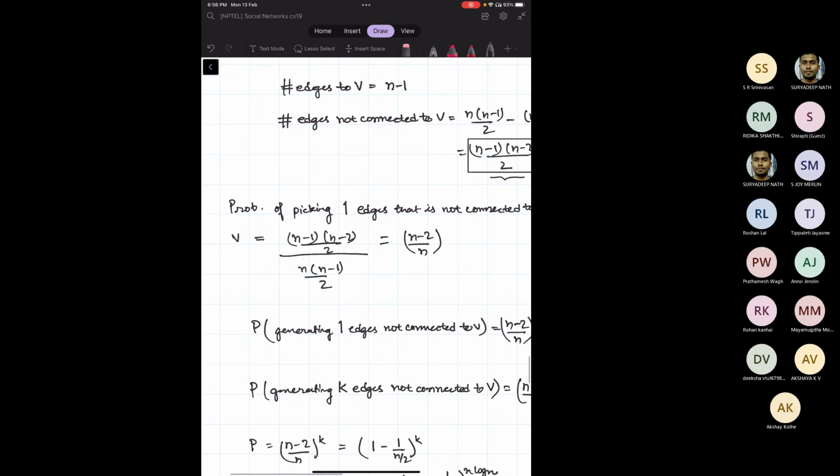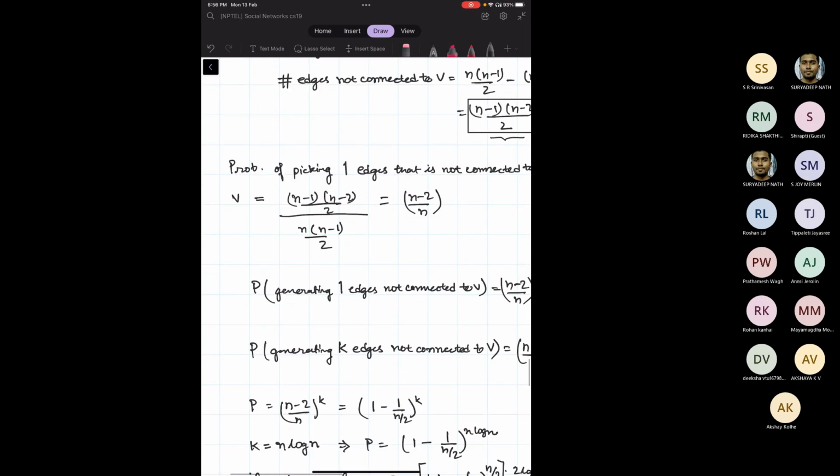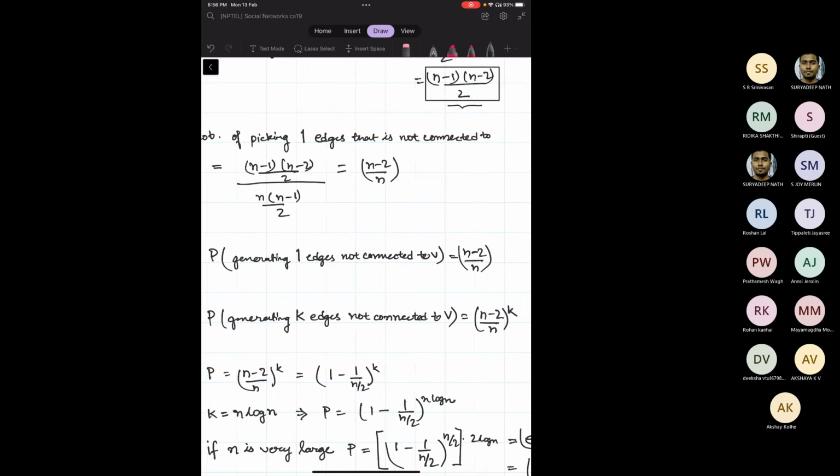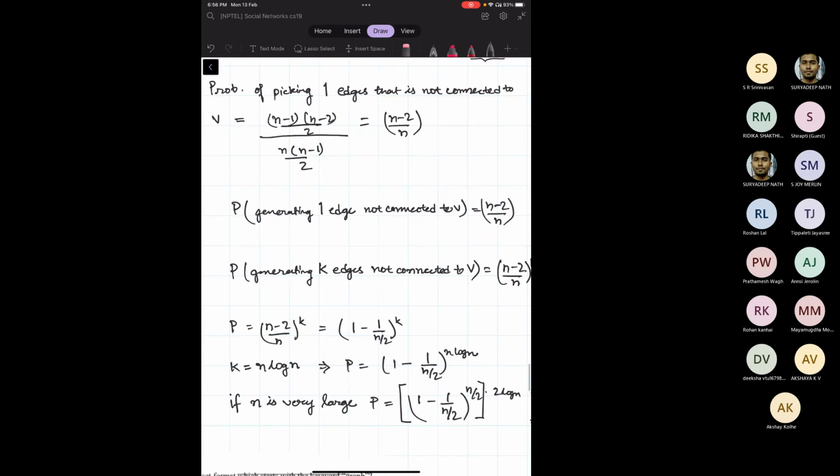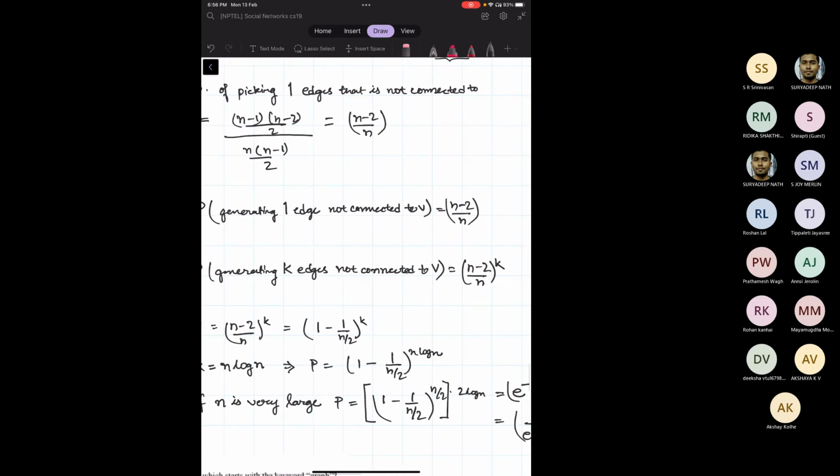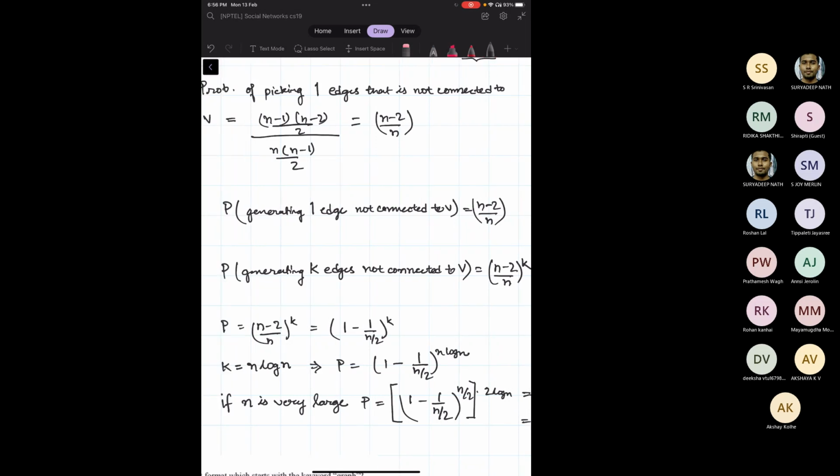So the probability is basically n minus 2 by n. So the probability of generating one edge not connected to V is n minus 2 over n, and the probability of generating k edges not connected to V is n minus 2 over n to the power k. We are considering independent events, so one event is not related to the other.